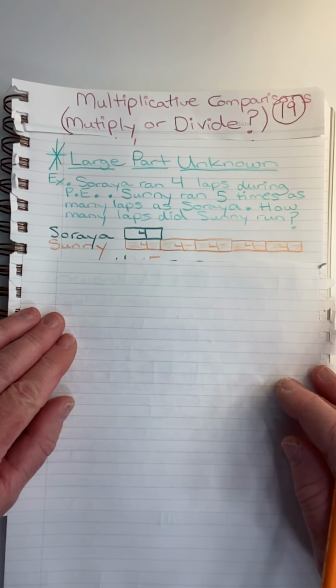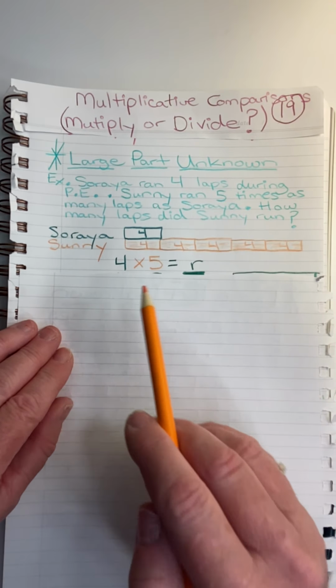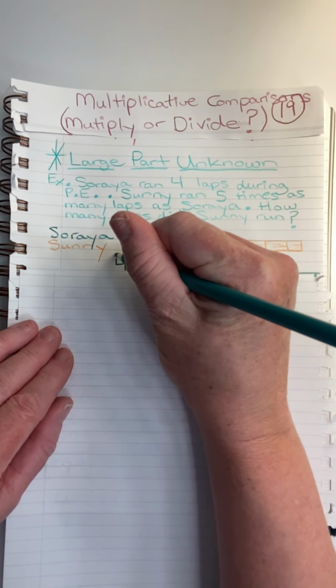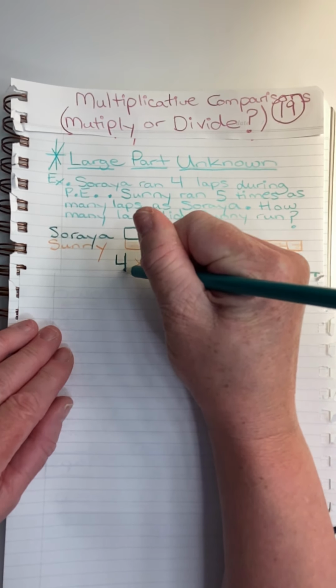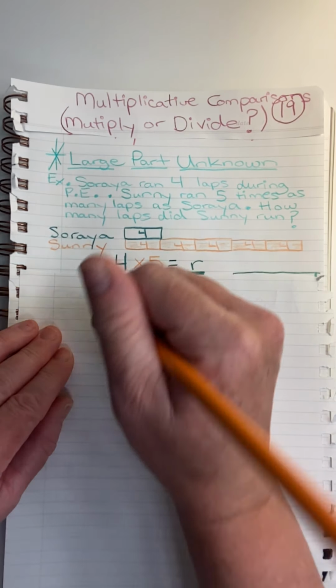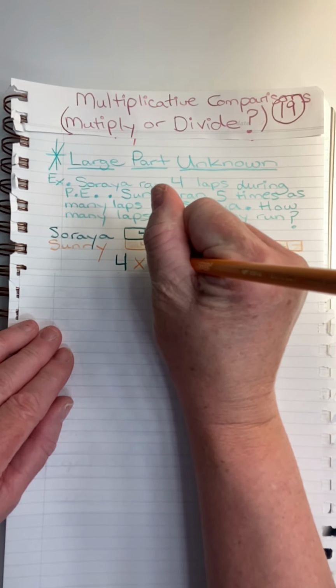Okay, you want to make these nice and neat so that they are a neat visual representation of the problem. Now, we know that Soraya ran 4 laps, so we're going to write that down. Now we know that Sunny did 5 times as many, so times 5.